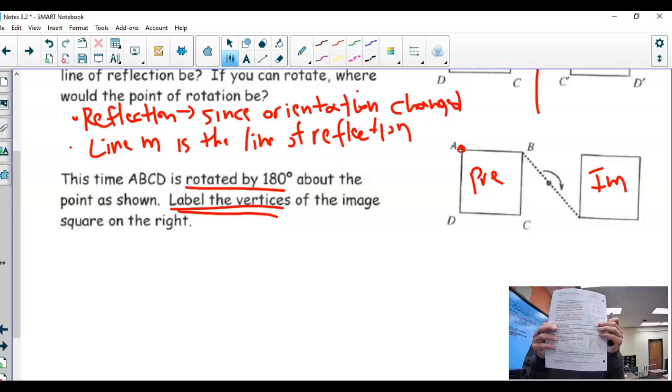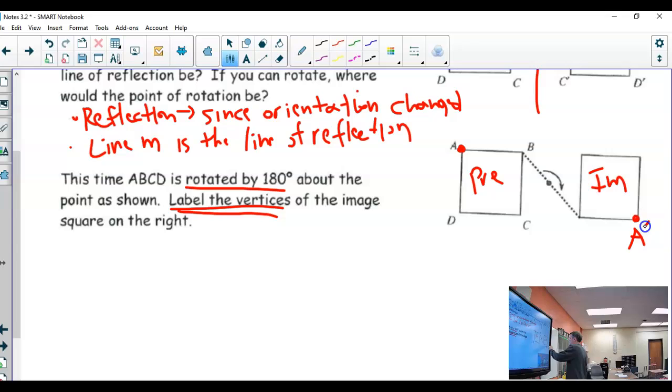If you just take your paper and you rotate it 180 degrees, so you turn it upside down, you can see where the points will end up. Point A is going to end up all the way over here, and this would be A prime. And point B would end up here, being B prime. And point C would end up here, and point D would end up here.